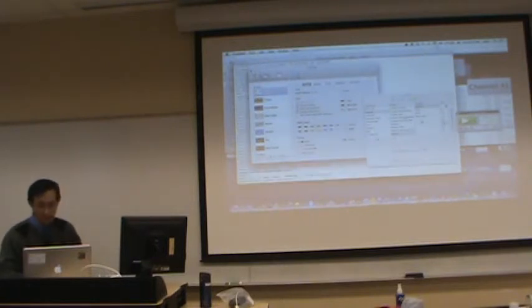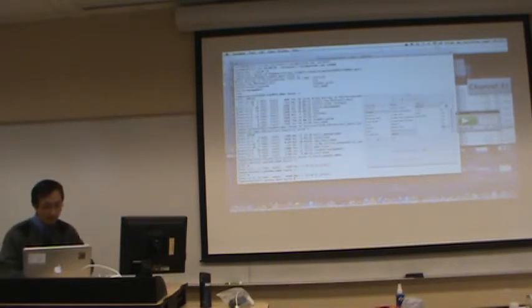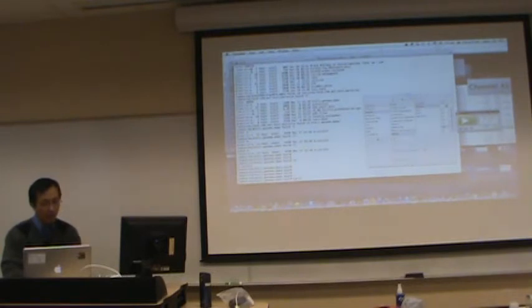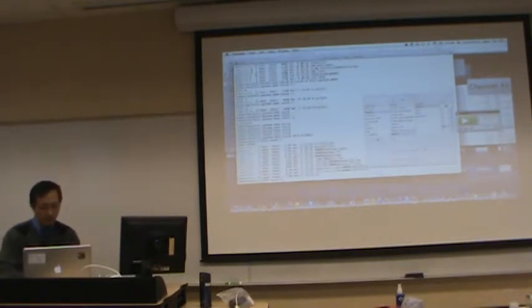Okay, that seems to be big enough. So this is a genome called E. coli strain K12, and I have the sequence in GenBank format.